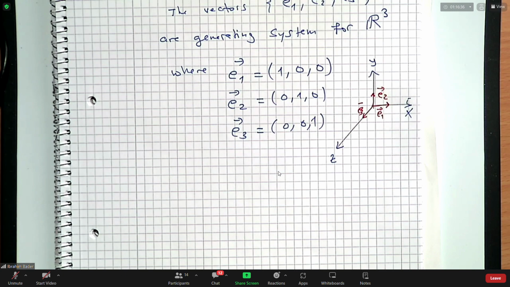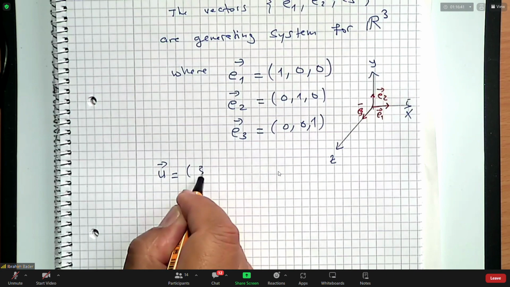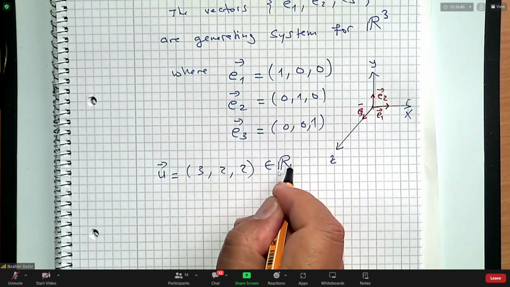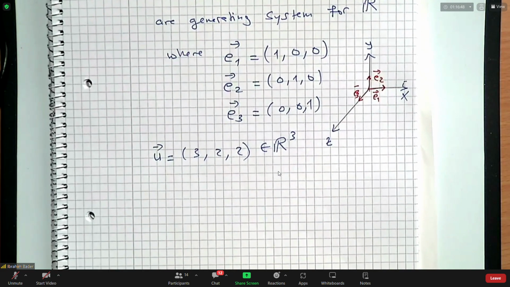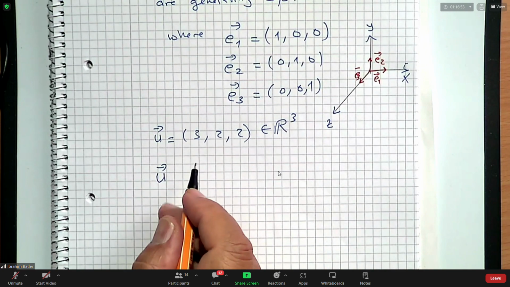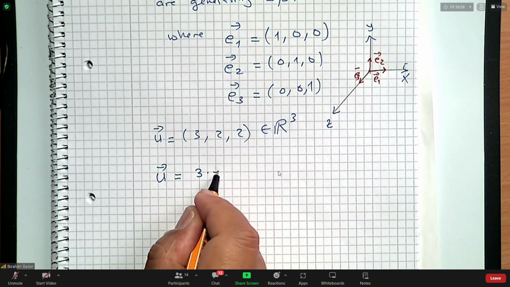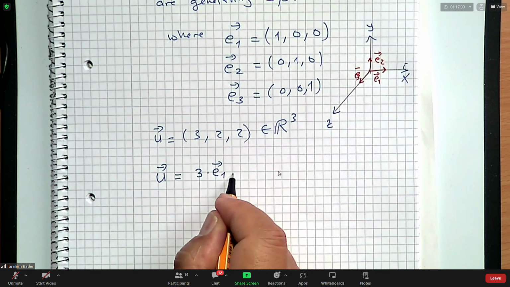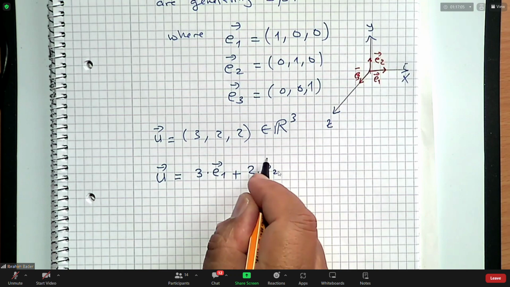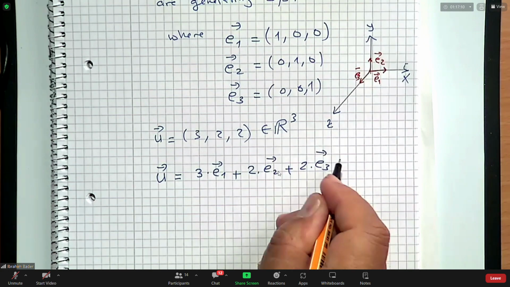Okay, obviously this vector, let's call it U, is (3, 2, 2), which is obviously in R3. The claim is that you can write U as a linear combination: 3 times E1 plus 2 times E2 plus 2 times E3. Let's check it.